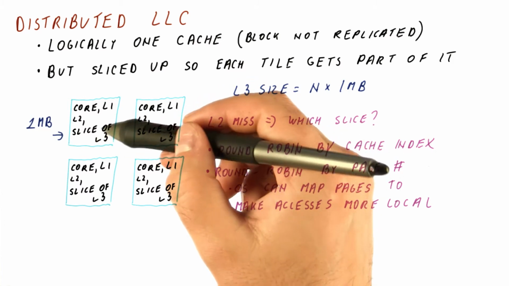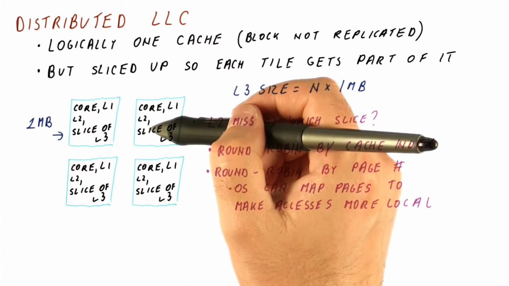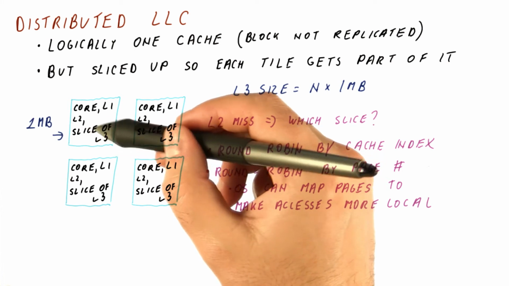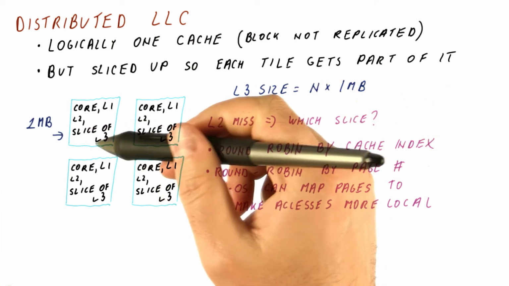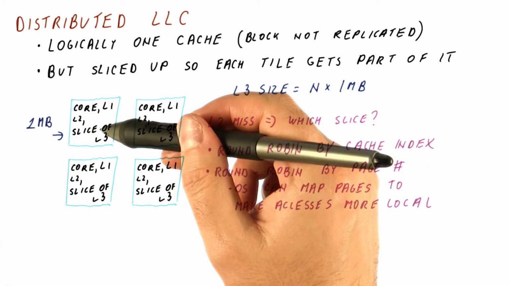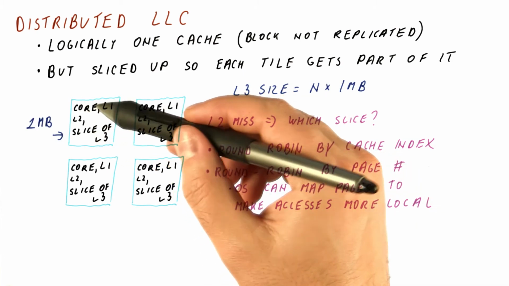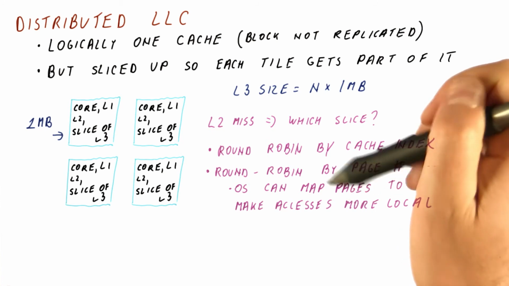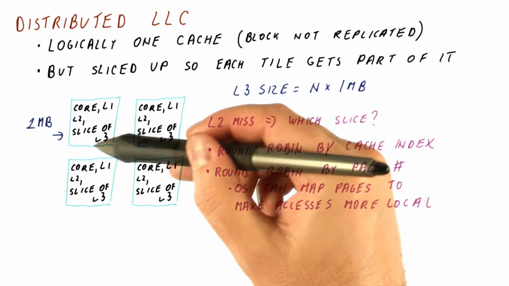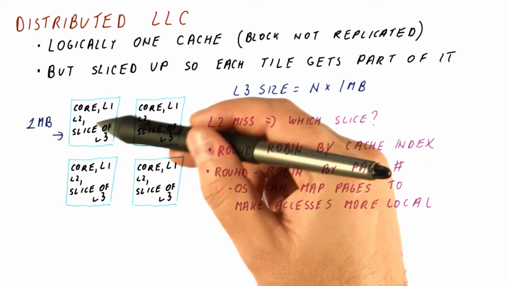Of course, some of the shared data will be elsewhere, but this dramatically improves the locality in terms of how far we need to go to get to the correct slice of L3. Any data that tends to be accessed by one core can now be mapped by the operating system so that it's usually found in the local slice of the last level cache.